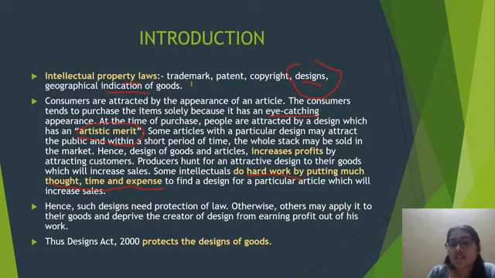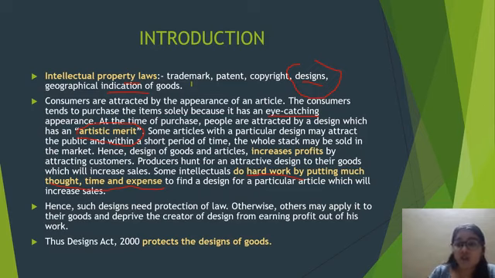Then why is this design very relevant, or very important? Because when the design is eye-catching, or when the appearance of an article is good, there will be more purchase by the consumers.